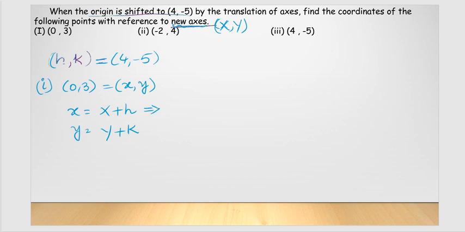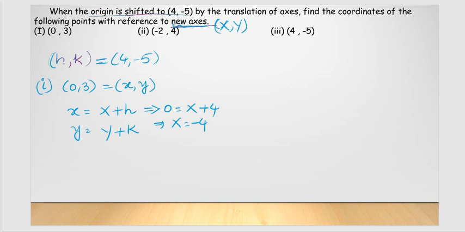So what am I going to get? Small x is nothing but 0. So 0 is equal to capital X, which I need to find, plus h, which is 4. So from this I get capital X is equal to minus 4. The same way for the next one: small y is equal to capital Y plus k, no?